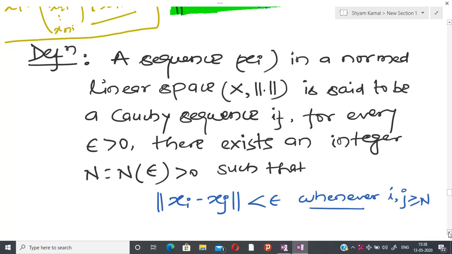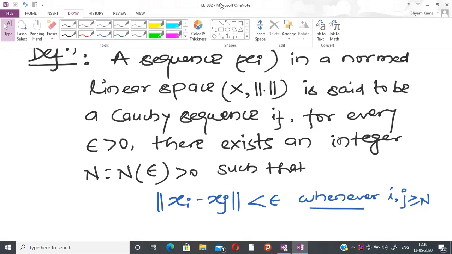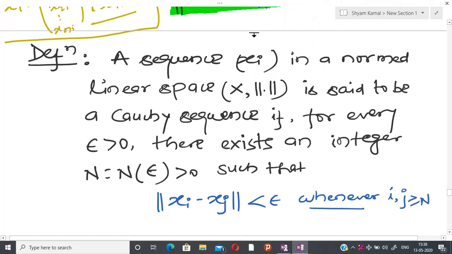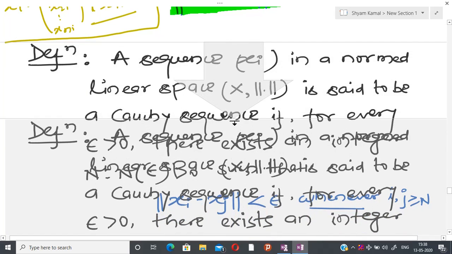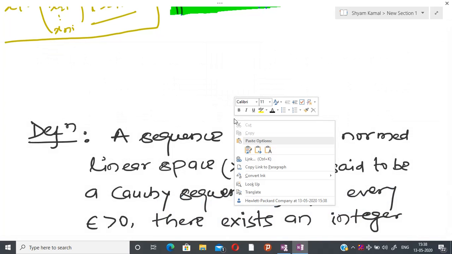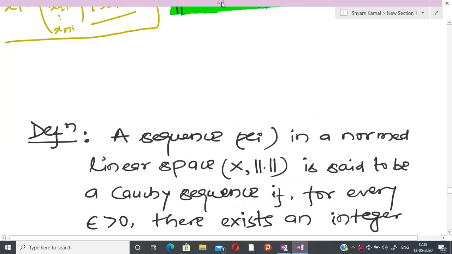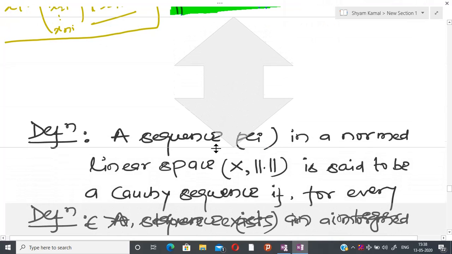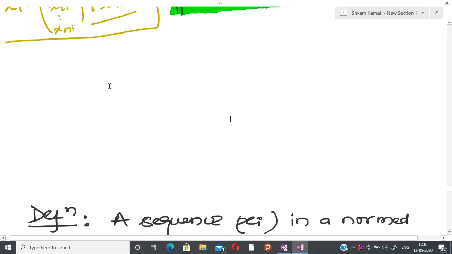So now, in the case of real numbers, since we have a one-dimensional space, we understood the definition by geometry very easily. Here I am going to interpret the definition of convergence.